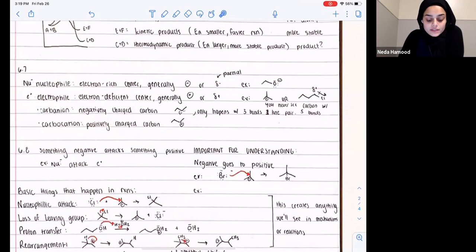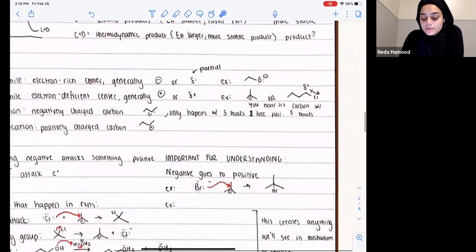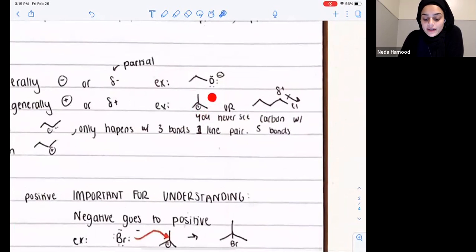Whereas over here we have an electrophile, which just means that it has an electron deficient center, which is generally positively charged or partial positive. And then you can have something like this, where we have an actual carbocation, or we have something where there's a partial positive. And this was kind of seen in the worksheet today, where we had that bromine.